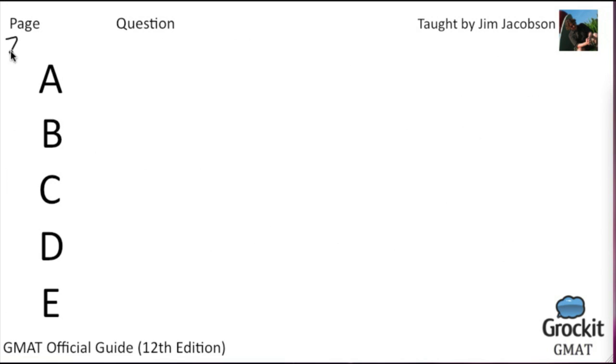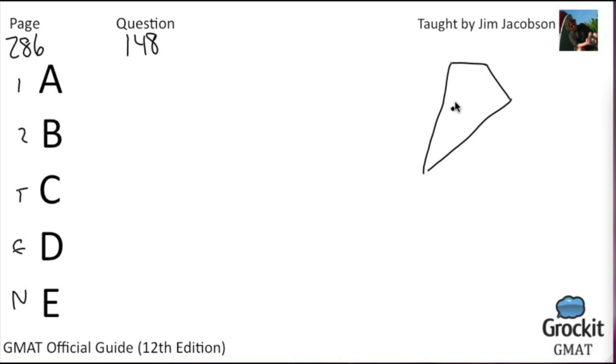So page 286, question number 148. The figure above shows the number of meters in the lengths of the four sides of a jogging path. What is the total distance around the path? Draw the path over here. x plus 60, and 3x.